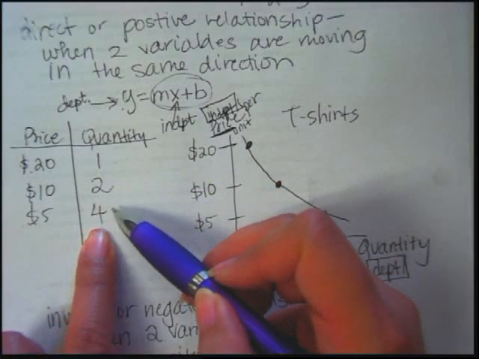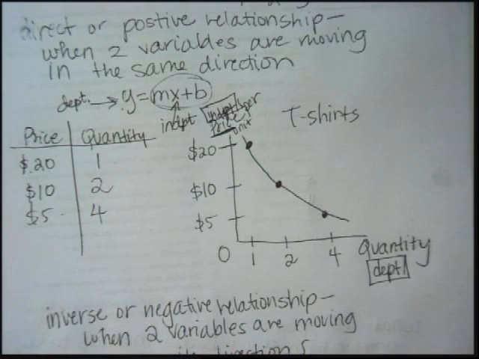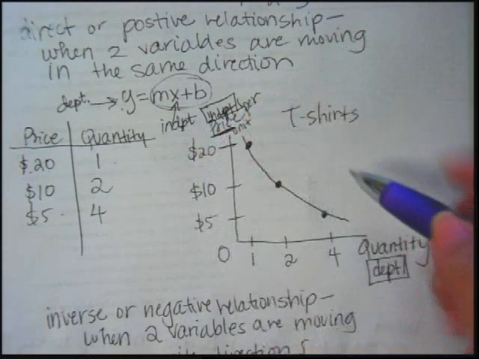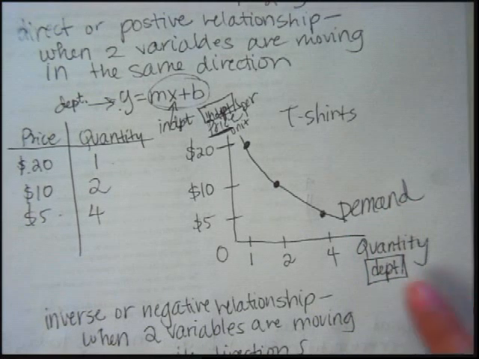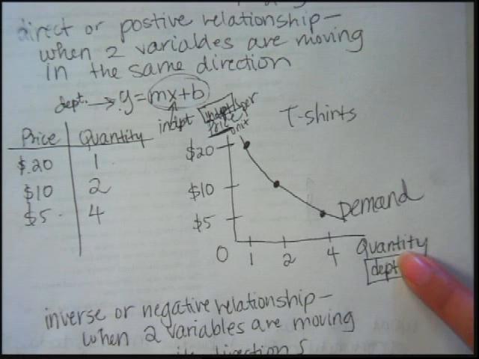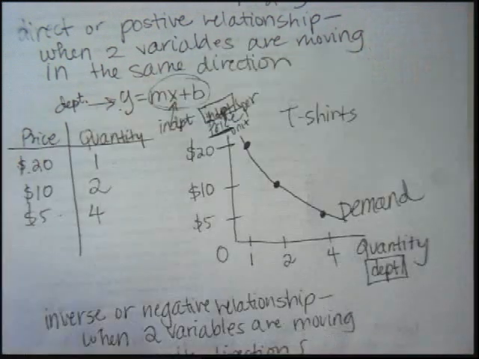How many t-shirts can you buy if the price is $10? Everybody's in good shape with that? Okay, so just remember, when we're talking about supply and demand, this is actually going to be a demand curve. We'll see in Chapter 4, but the quantity that you buy or sell is going to be dependent on the price. The price is going to be independently determined by the market. Again, we'll talk about that more in future chapters.